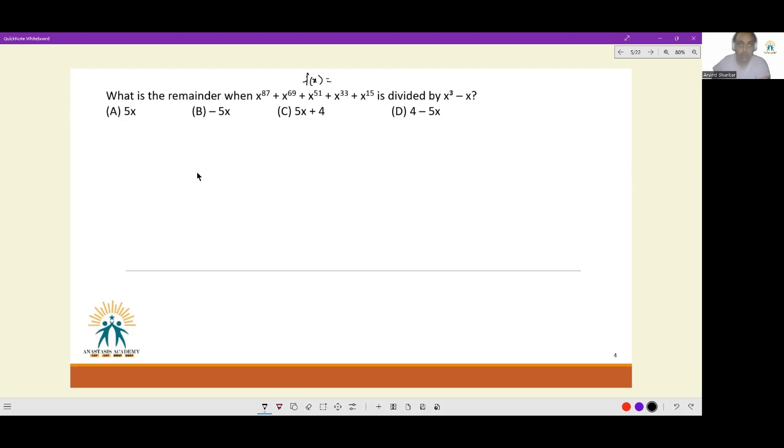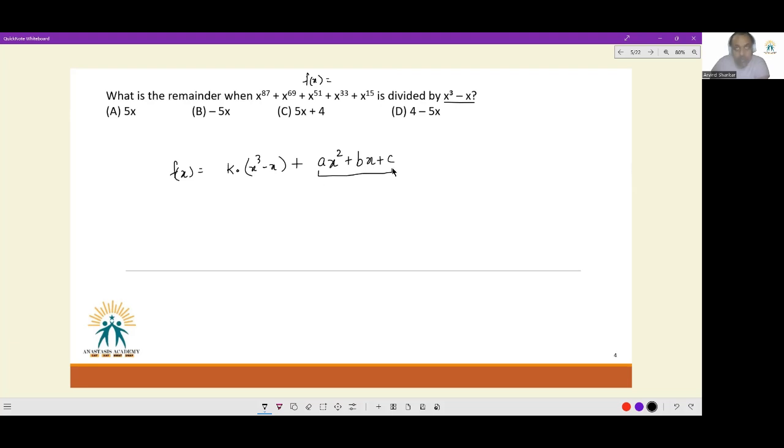Fx is equal to this expression. Fx should be equal to some multiple of x cubed minus x plus, now see, this is a cubic expression. So the remainder that will be left will be a quadratic: Ax square plus bx plus c.